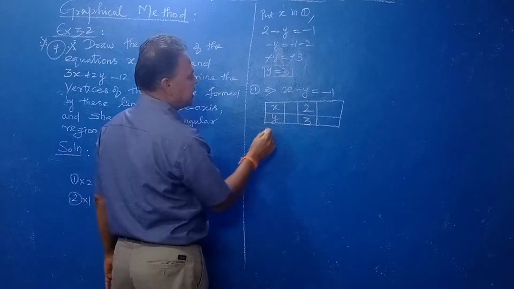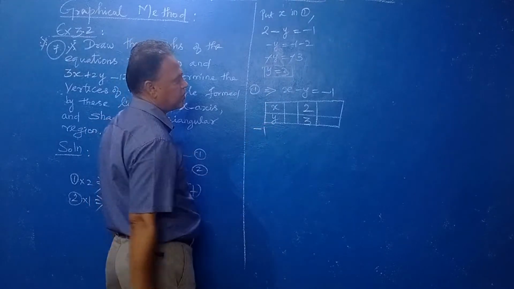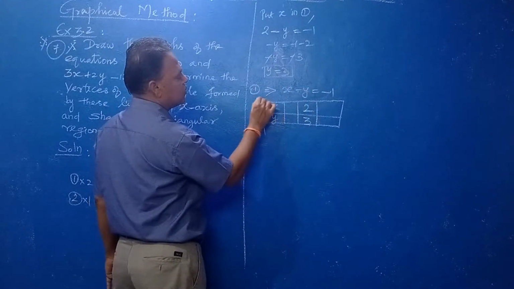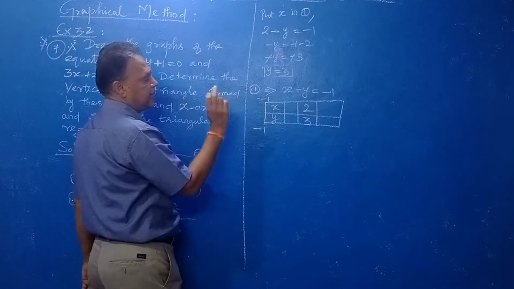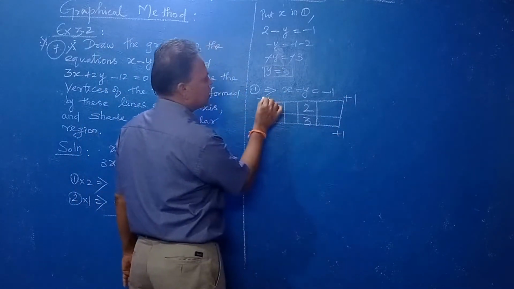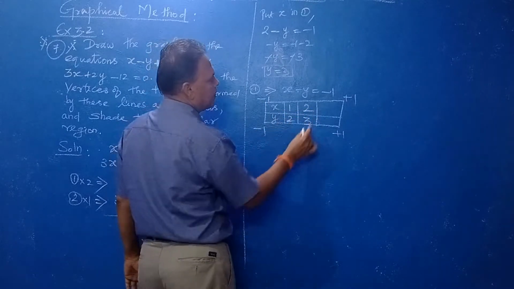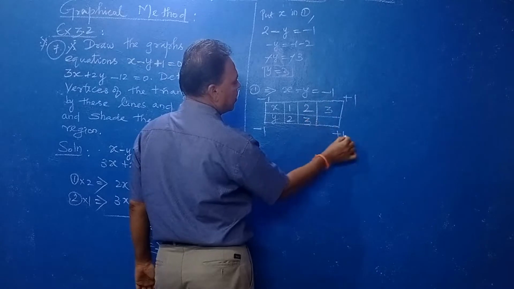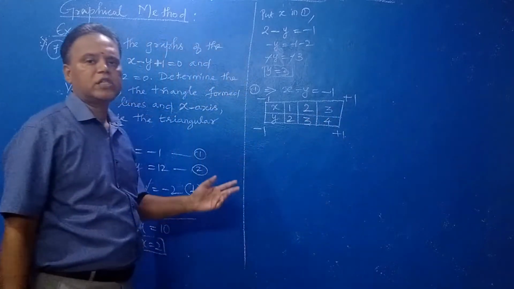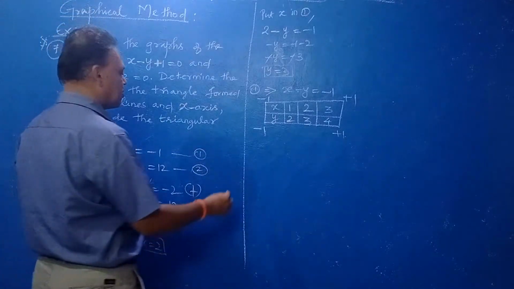Here the x coefficient is 1, so below y you write minus 1. The y coefficient is minus 1, so above you write it as it is. This side you bring means plus 1, this is also plus 1. Now just add: 1, 2, 3, 4. So easily we will get the solutions of the first equation. Then the second equation also we will get easily.